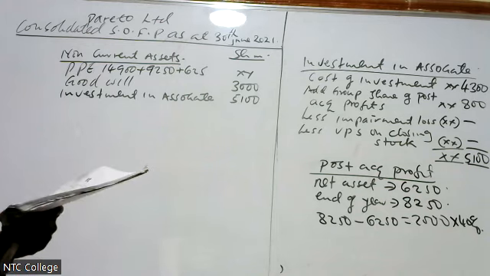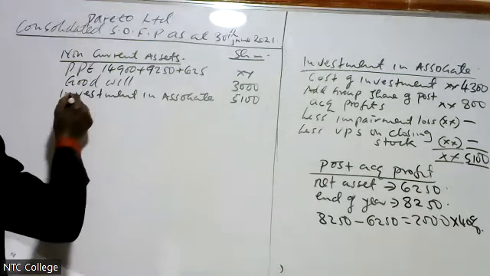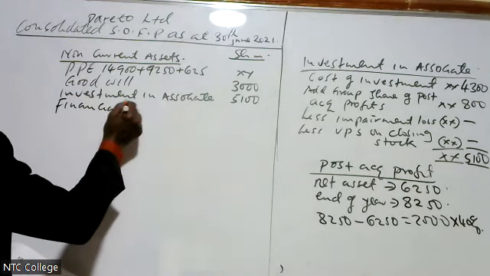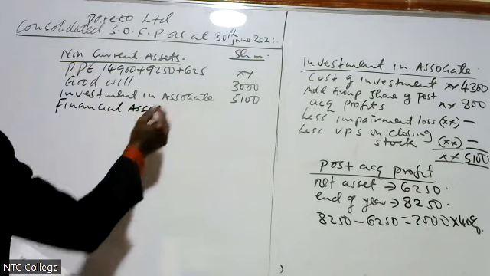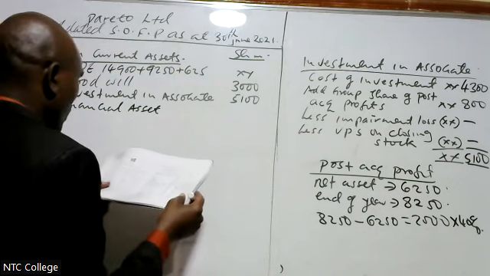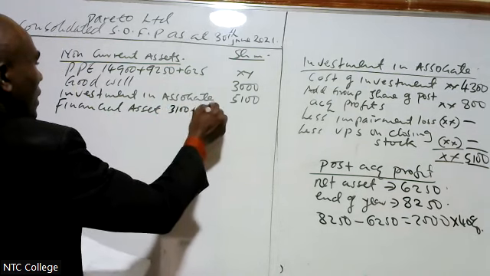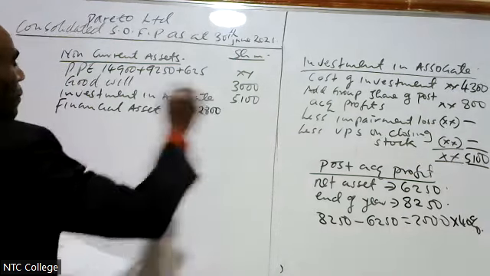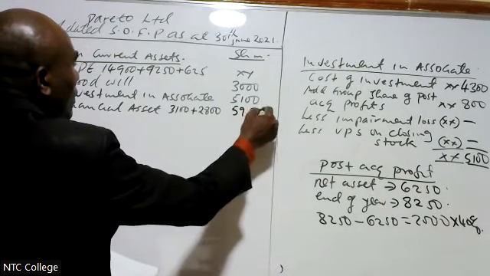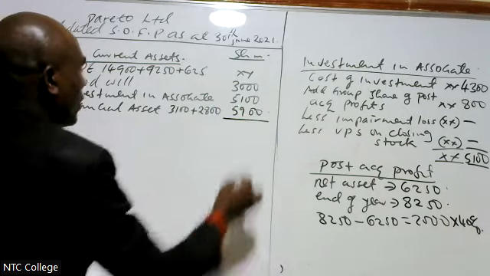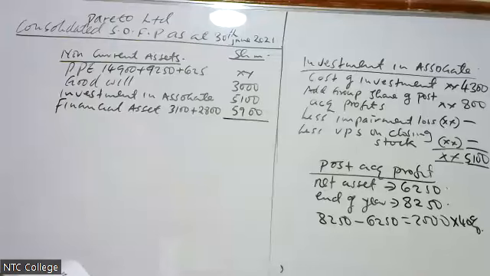Then from the balance sheet, we have financial assets. We just add that one, plus 28,59. Then you give me total assets there.